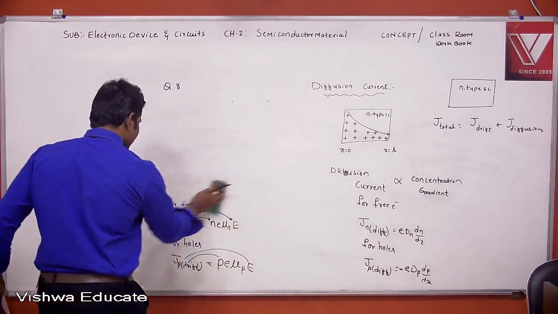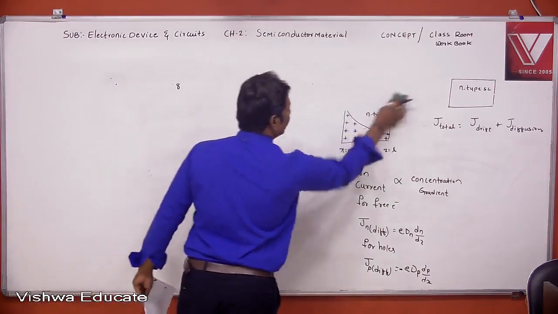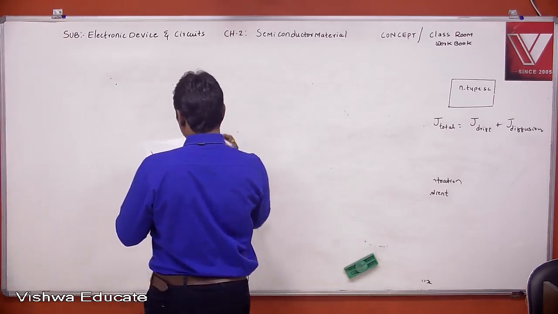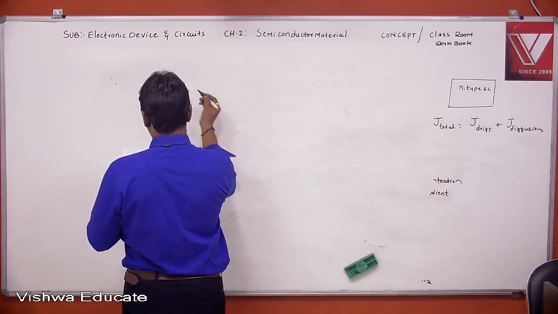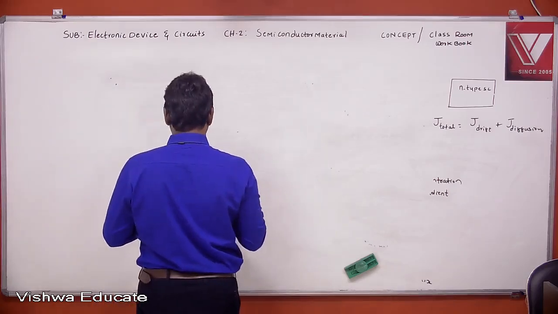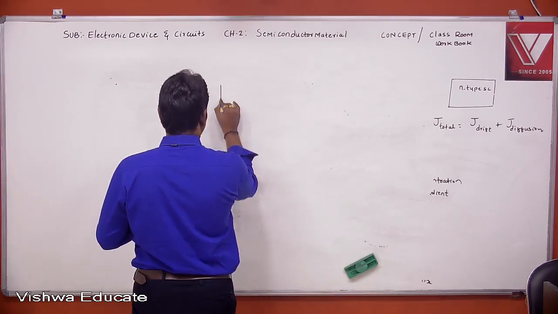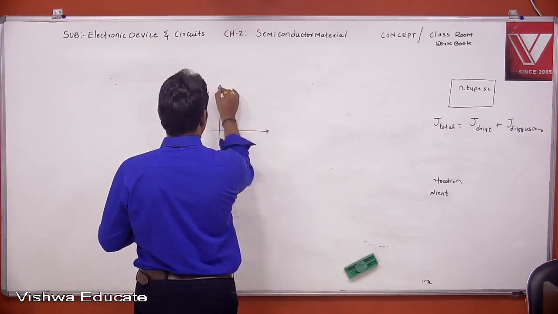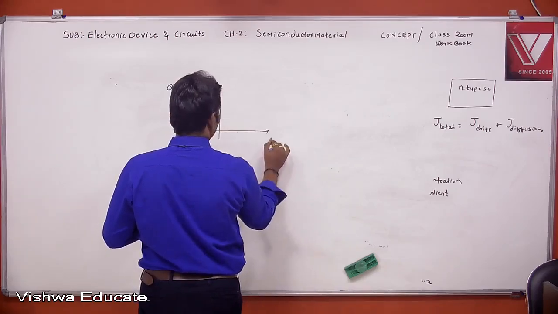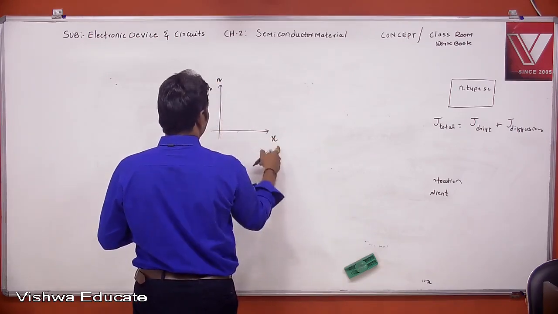Right. Now read the question once, all of you. What is the given data? The electron concentration varies linearly from 10 power 17 at x equal to 0. See here, I am considering a concentration versus distance plot, where the concentration is n and the distance is x.